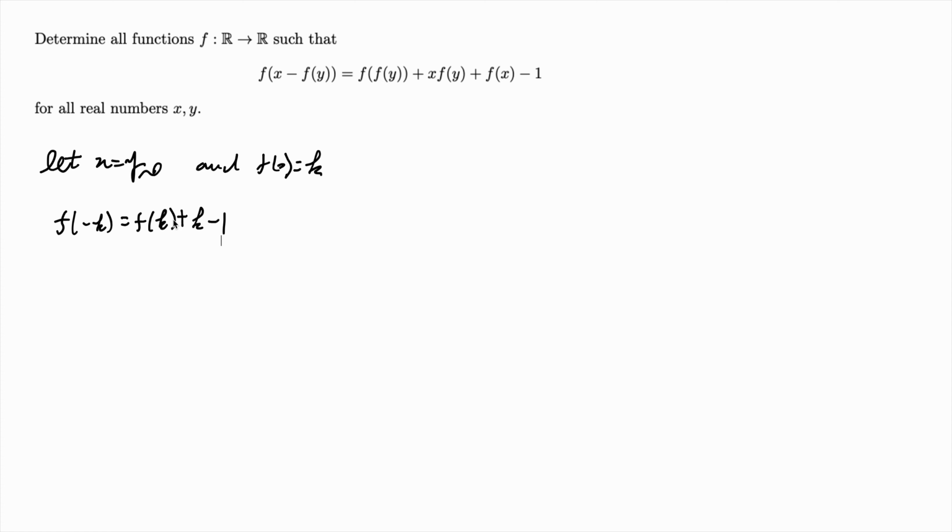Now let's move on to the next one, which is finding the relationship between the numbers, I mean, the function. Notice that f of y appears multiple times, and we have x minus f of y. So this is our first case, and the second case is when we let x equal f of y.